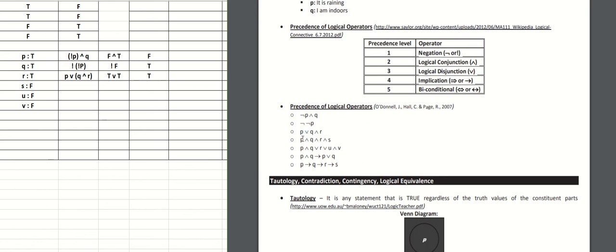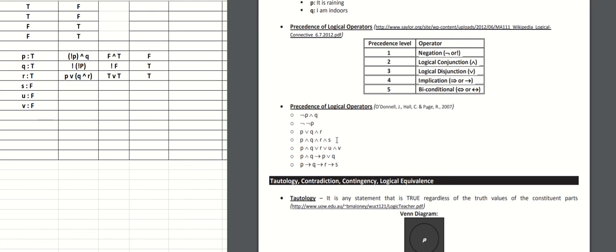Let's try this one. We have three of the same operators. We have P and Q, Q and R, and R and S. It is the AND operator.